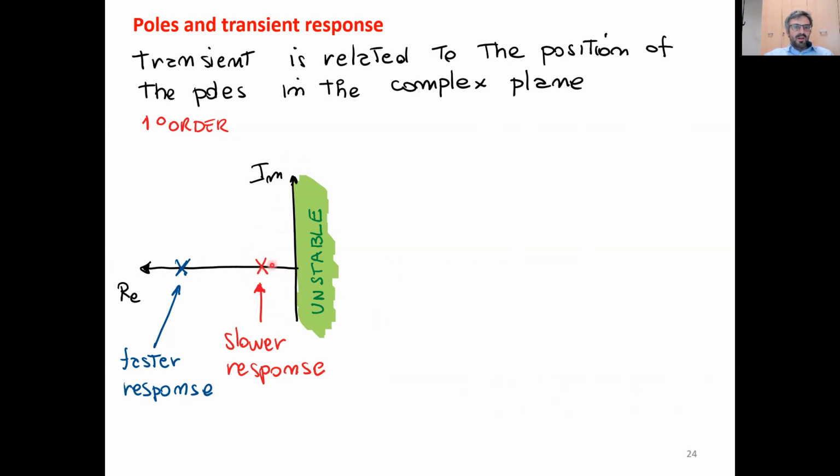Let's say we have here, whatever we saw, minus 1 over tau, so a negative real pole. And if we have a bigger tau, so let's think s minus 1 over tau, this pole, if we have a bigger tau, the pole will be at lower or higher frequency?